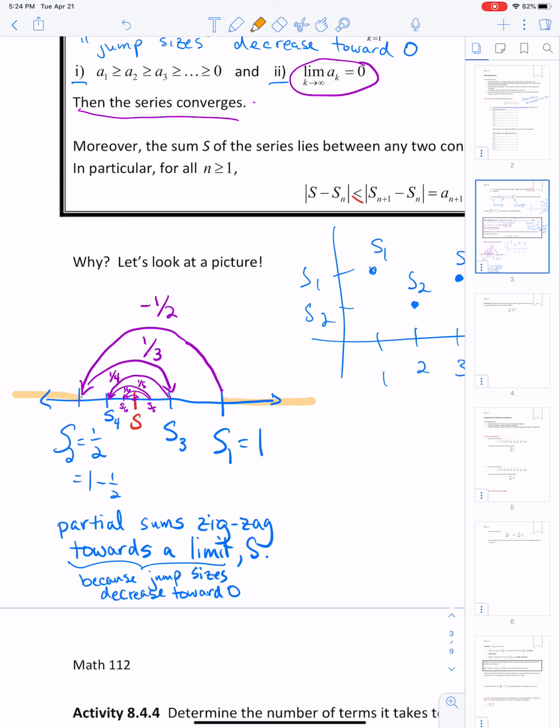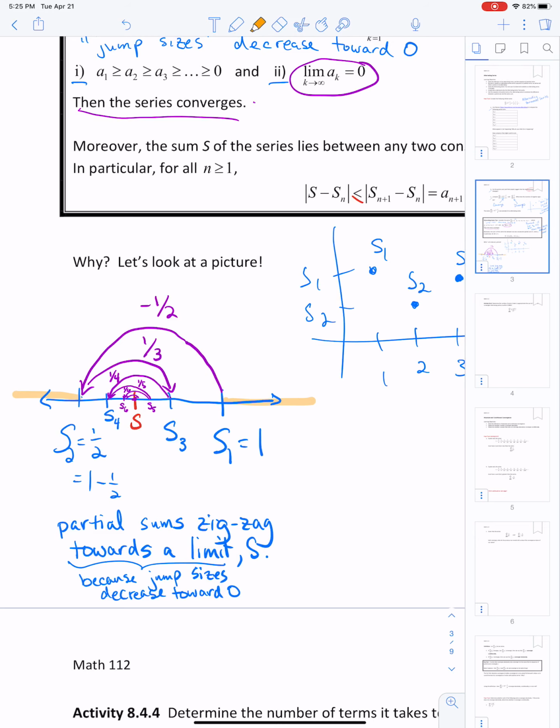And so each time that I take a jump, I know that the limit cannot be outside of, so let me say that another way, the limit cannot be outside of any 2 consecutive terms.